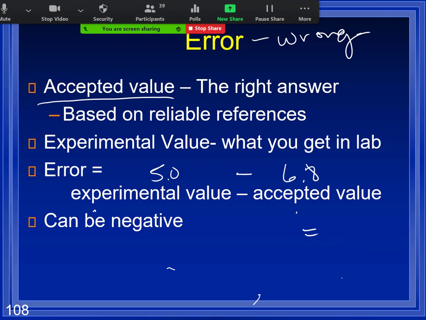Then I get negative 1.8. And a negative error tells me that my value was too small by 1.8. A positive one tells me my error was too big, by 0.2.